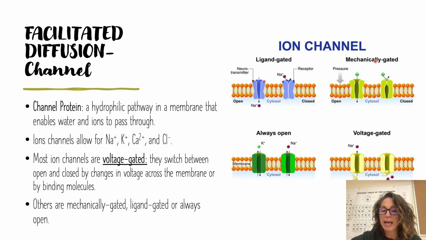We also have mechanically gated ones, which are really neat. They have some sort of substrate attached to it, and will mechanically close off that channel when it's not needed. There are ones that are always open, and then as I mentioned, we have our voltage gated ones. And we're going to talk a little bit about membrane potential in the next slide.